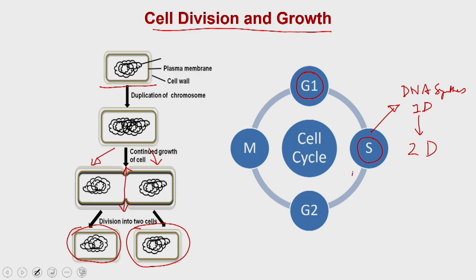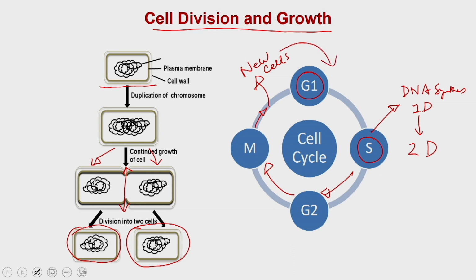Then it enters the G2 phase, and from there it enters the mitotic phase, where the cell goes through different steps and the DNA is distributed between the two cells. After this you have cytokinesis, because of which a new cell is formed.